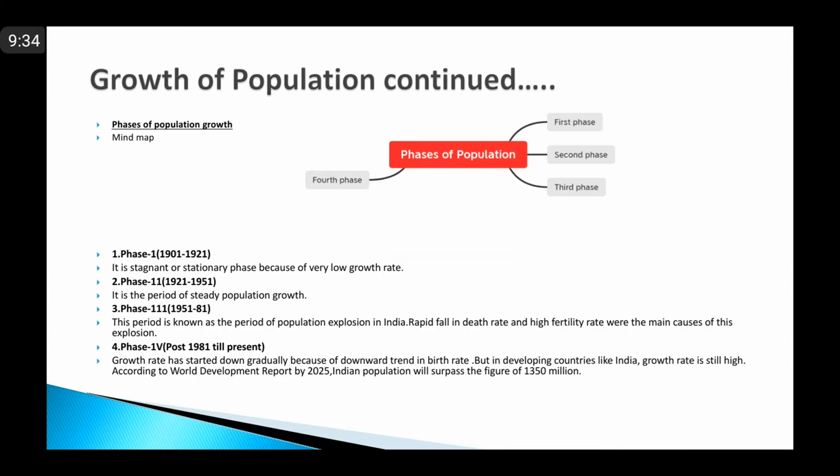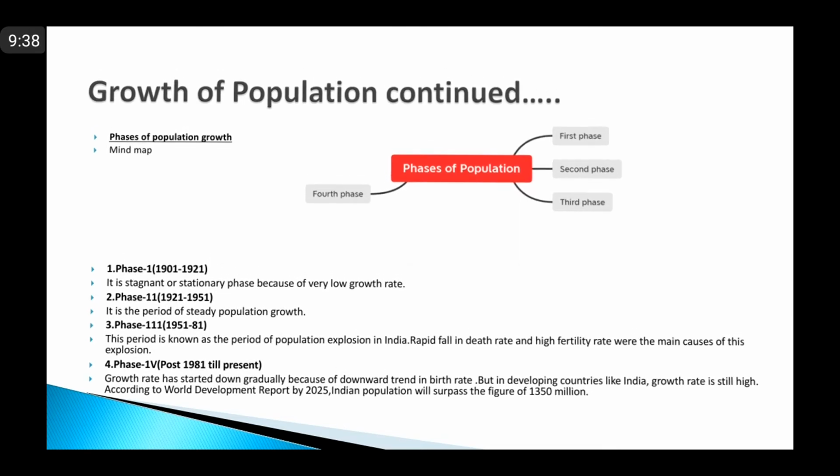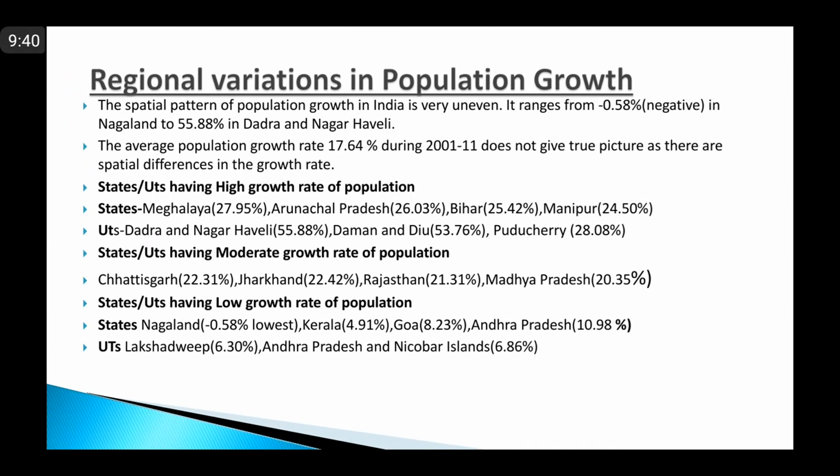Now we'll discuss the regional variations in the population growth. The growth rate of population during 1991 to 2001 in Indian states and union territories shows a very obvious pattern.